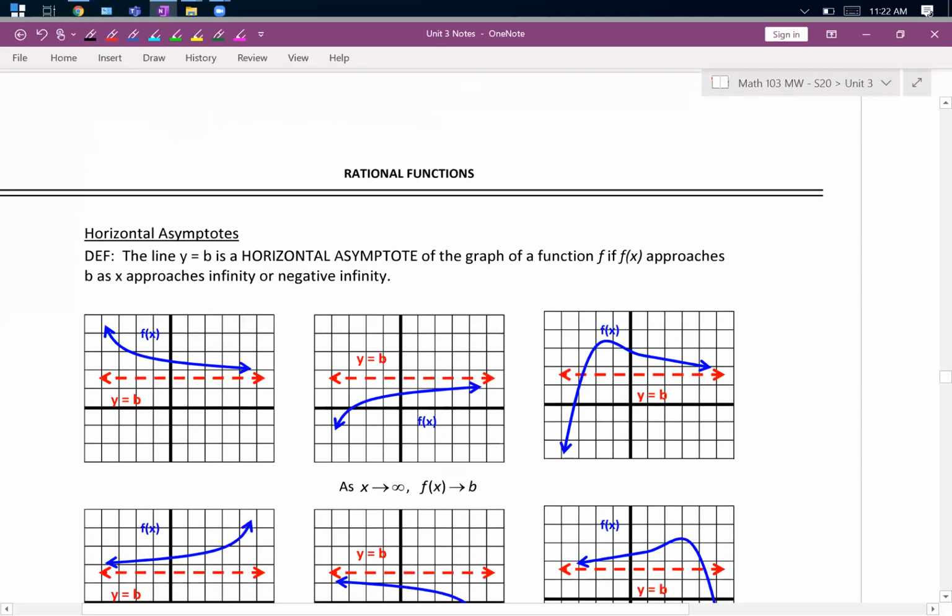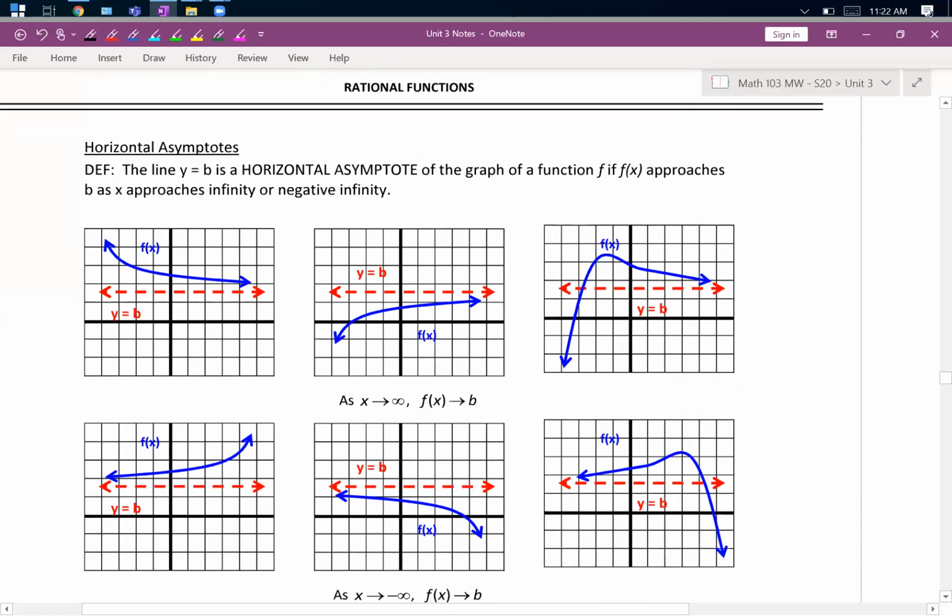Next up are horizontal asymptotes. The line y equals b, so see it's y equals a number this time because that's how horizontal lines are. The line y equals b is a horizontal asymptote of the graph of a function f if f of x approaches b as x approaches positive or negative infinity. All right, well, as we're going to positive and negative infinity, our y value approaches a specific number.